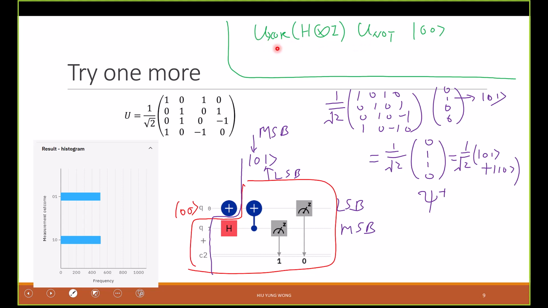What's the dimension of this matrix? 4 by 4. What's the dimension of this matrix? 2 by 2. So is this right?